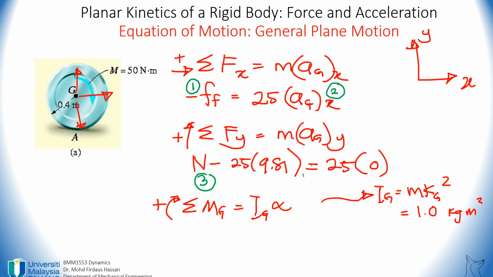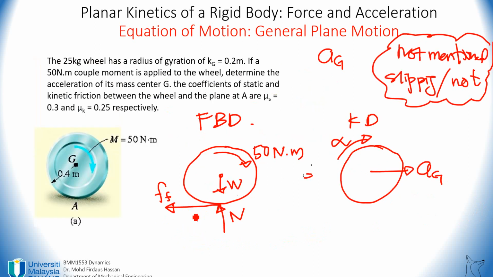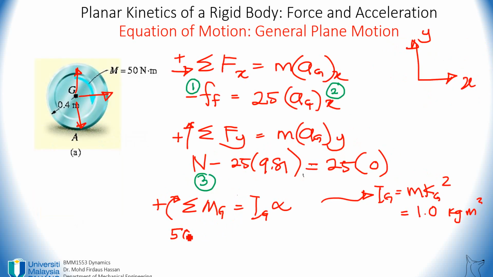You have the moment here, 50 newton meter, clockwise is positive. W is not counted, and N is also not counted, but you have to count the friction force. The friction force creates a positive moment, times 0.4, times FF. IG is 1, and alpha is alpha.